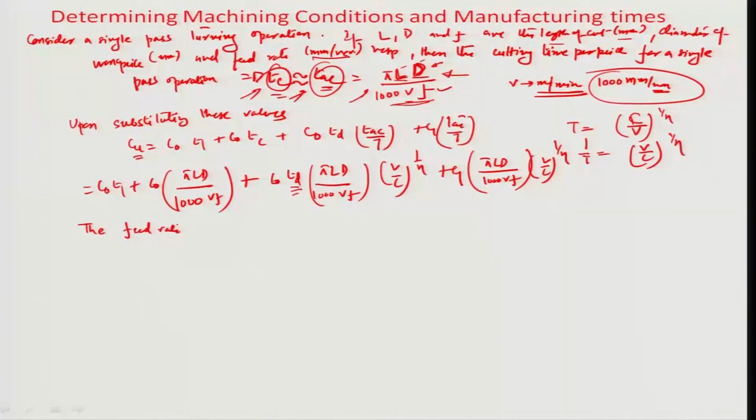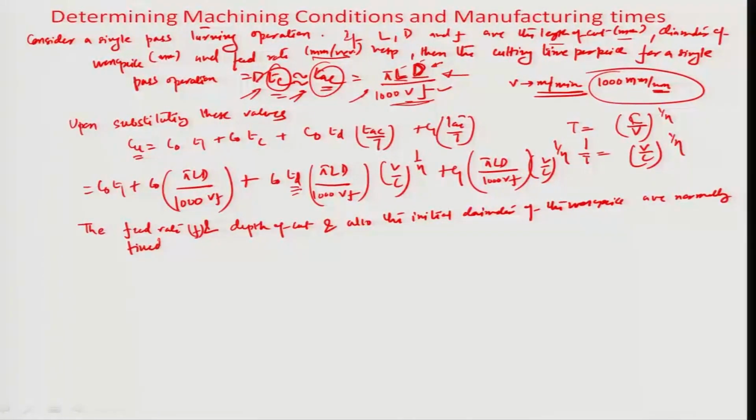The feed rate, defined by f in this case, the depth of cut, and the initial diameter of the workpiece are normally fixed to their allowable values, whatever they may be, and therefore the cutting speed really is the decision variable.